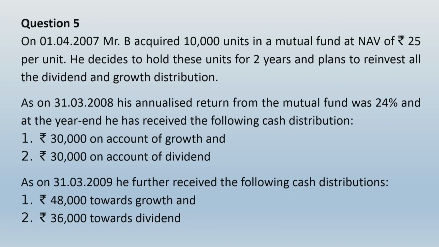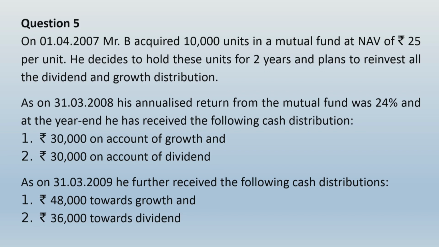On 1/4/2007, Mr. B acquired 10,000 units in a mutual fund at NAV of rupees 25 per unit. He decides to hold these units for 2 years and plans to reinvest all the dividend and growth distributions.